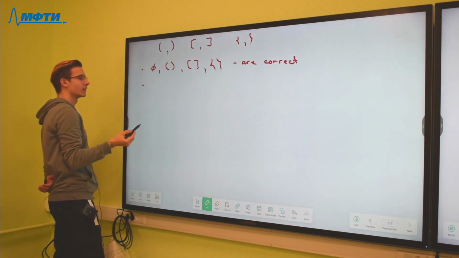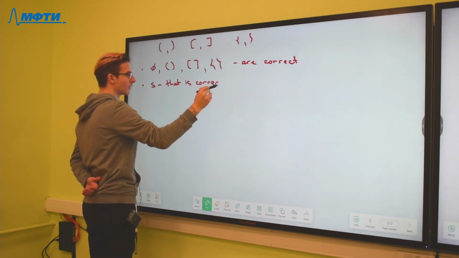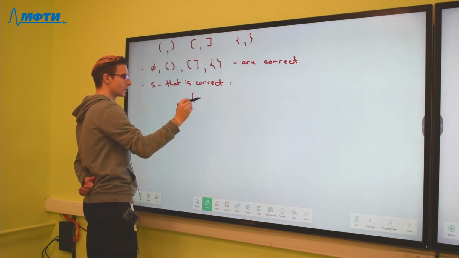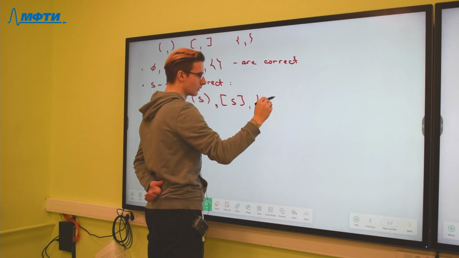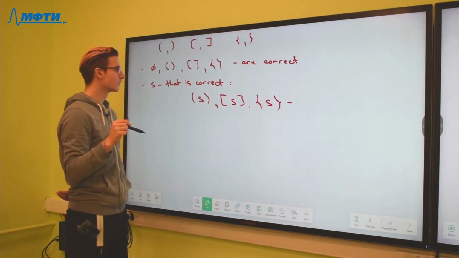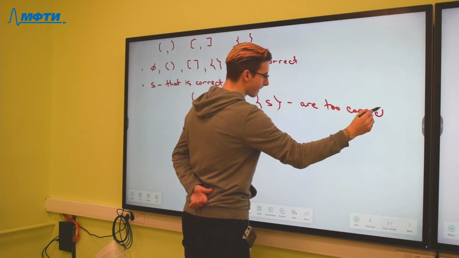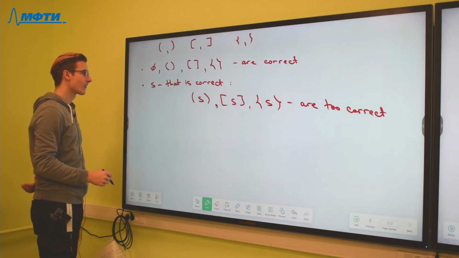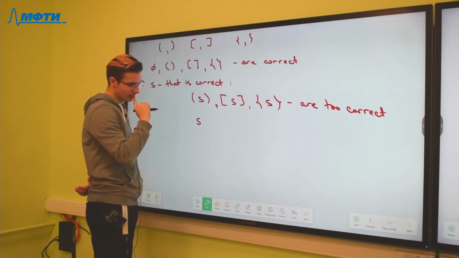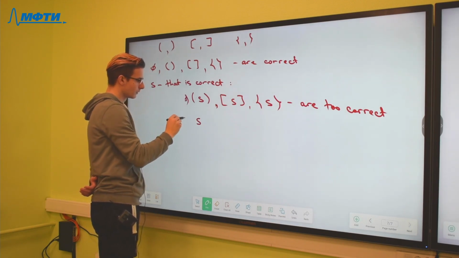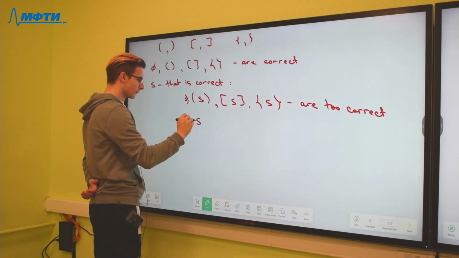Then if we have a sequence S that is correct, then this sequence is also correct.